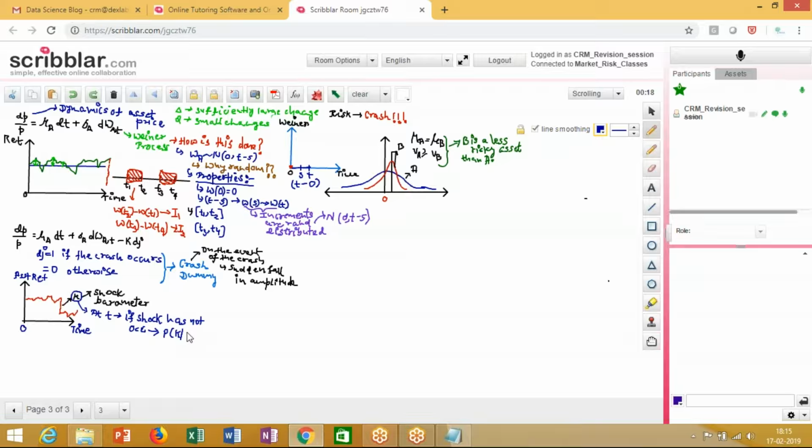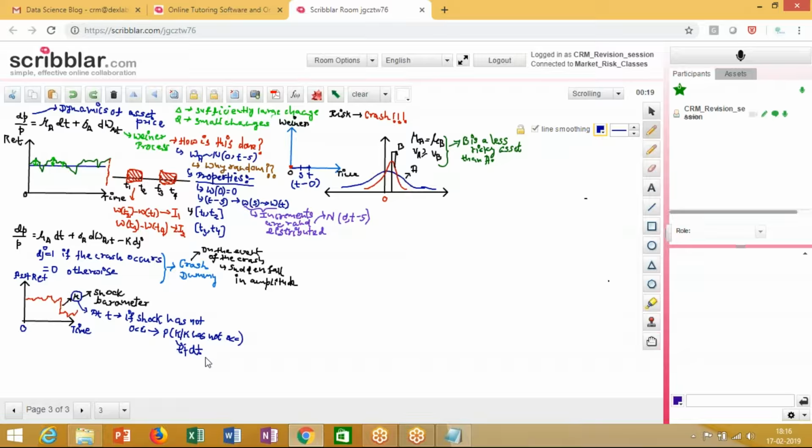Assuming that k has not occurred, what is the probability that the crash will occur in the next t plus dt period, in the next forward looking time window?